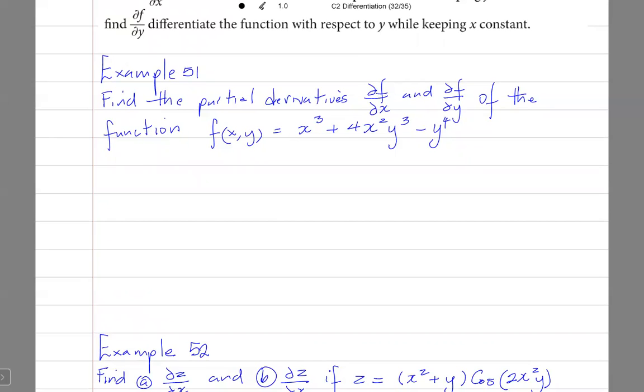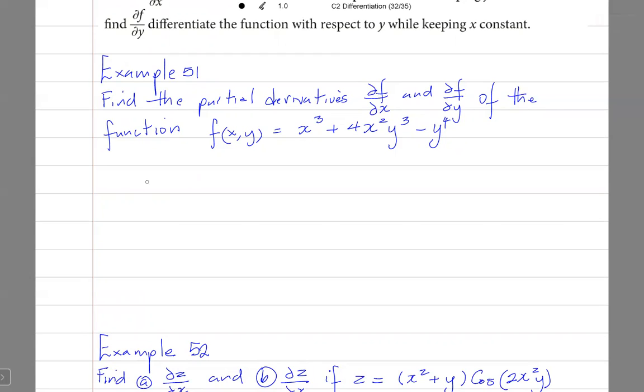Example 51 says, find the partial derivatives del f by del x and del f by del y of the function f of x, y is equal to x cubed plus 4x squared y cubed minus y to the fourth power.